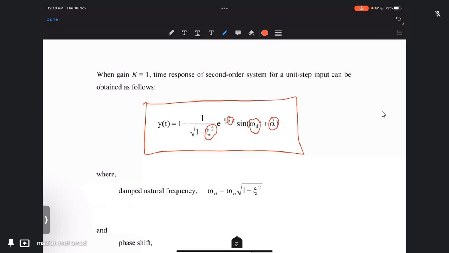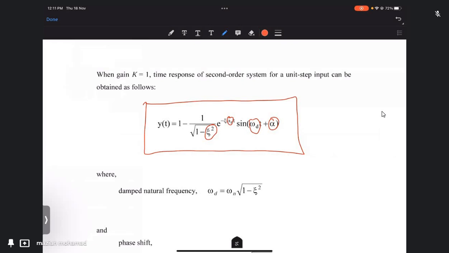Basically, it will produce the same form as this, but the exact value will depend on the value of zeta that we choose for your system, depend on omega n, and alpha.